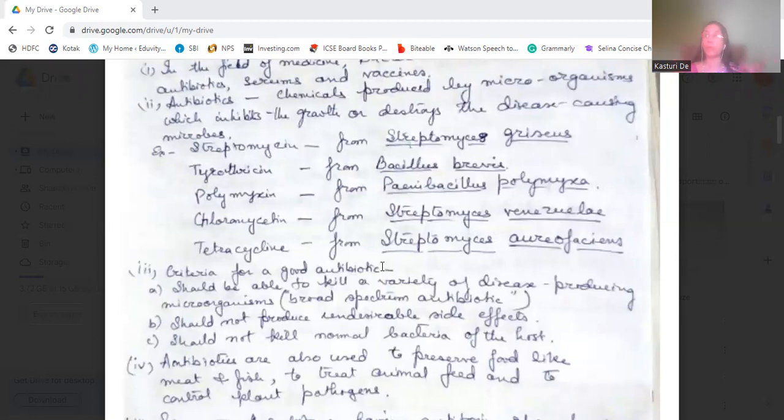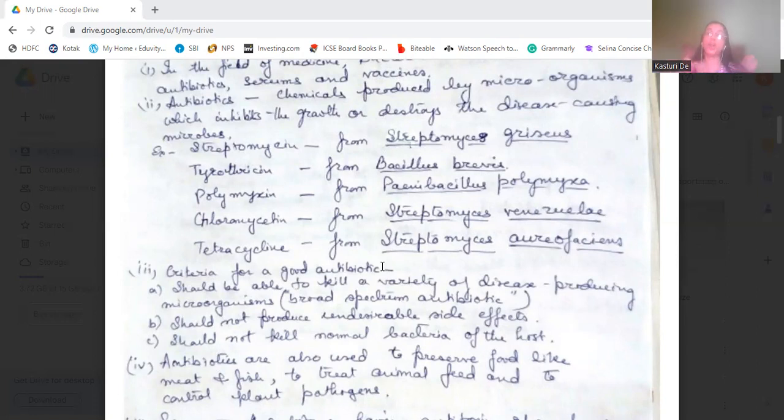These are called broad spectrum antibiotics, which can kill different types of disease-producing microorganisms. Second, it should not produce undesirable side effects.